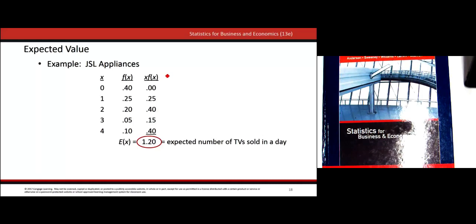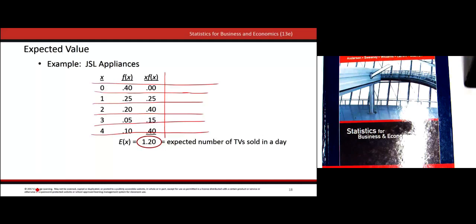And we can calculate the variance also. X minus mu, so 1 minus 1.2, 3 minus 1.2, and then square those.